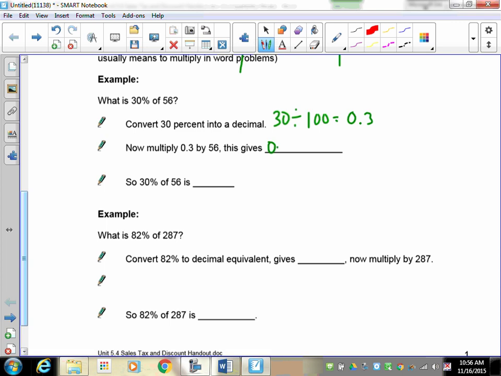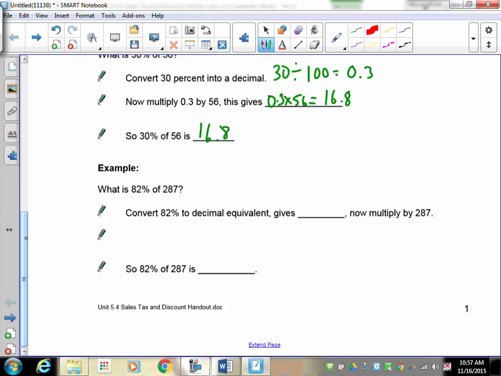We already have the percentage, so it's simply 16.8. So 16.8 is 30% of 56. Now, if we were shopping, this would be $16.80 you could take off of the price of something. Pretty simple.